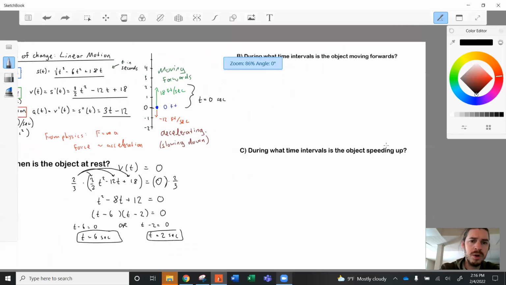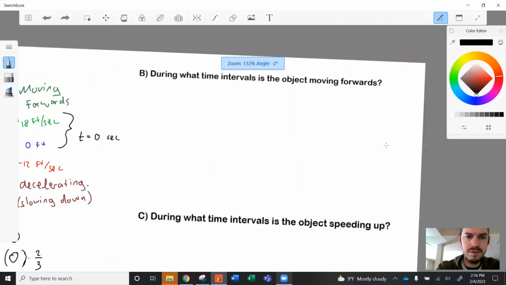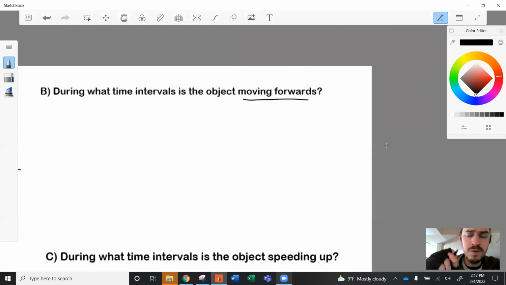Okay, so now we're going to answer the next question. During what time intervals is the object moving forwards? This is an inequality problem in disguise. Moving forwards is just another way of saying that the velocity as a function of time is positive.